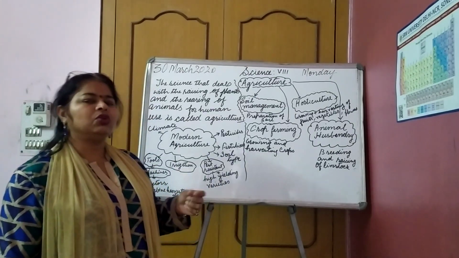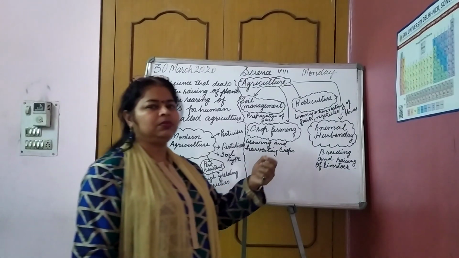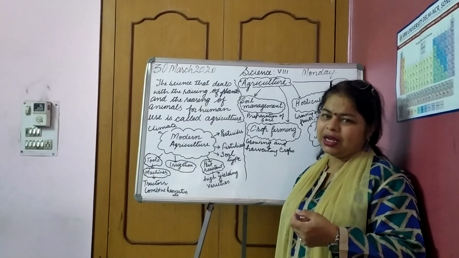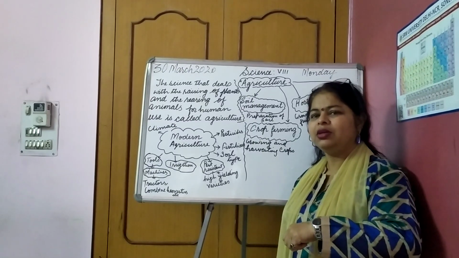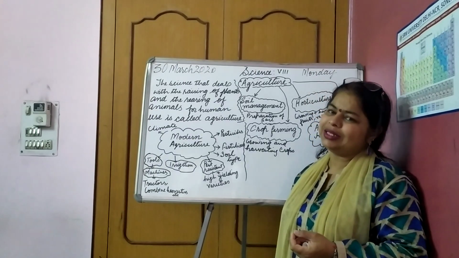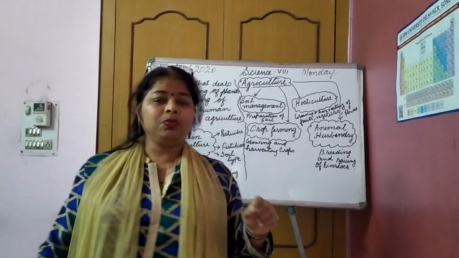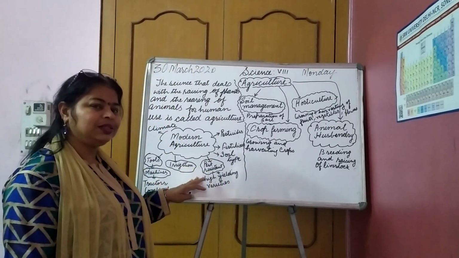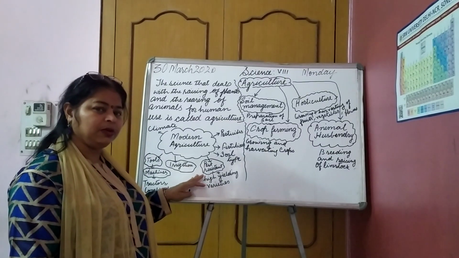No. Not only this, after harvesting, some insects, rodents, and other animals try to spoil the harvested crop or the grains that we have. So varieties of crops have been made in such a way that they are resistant to pest activity.